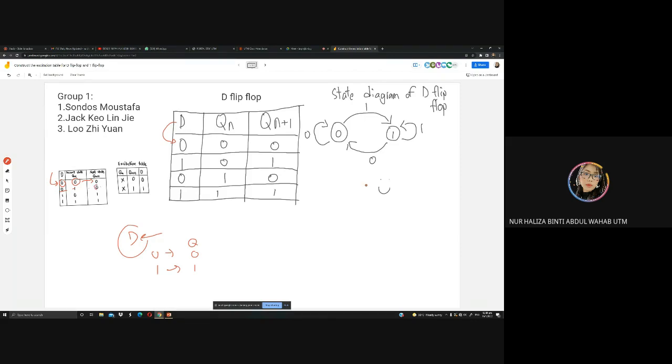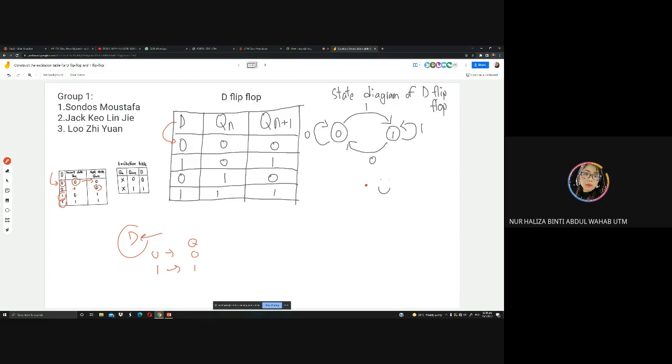Is it correct or not? If your present is 0 and D is 1, it's going to be 1 also. If you have 1, it's going to be 1 also for the next state.